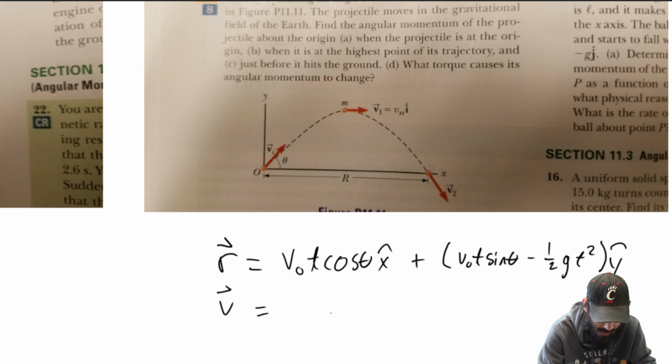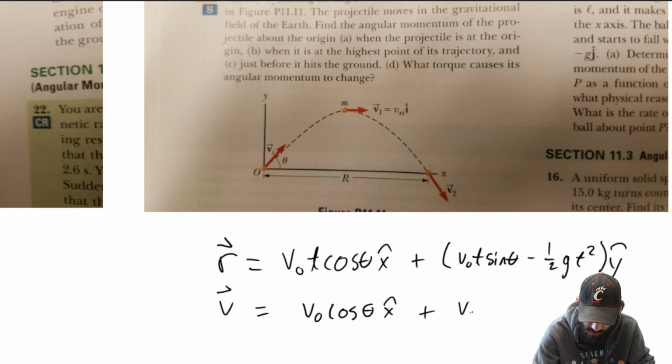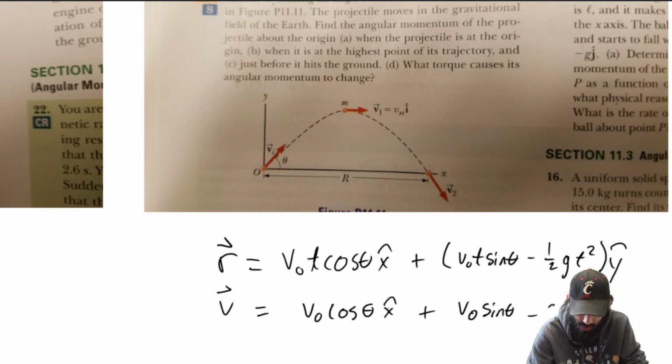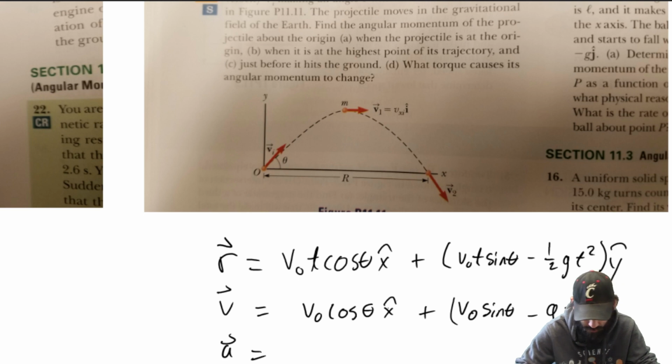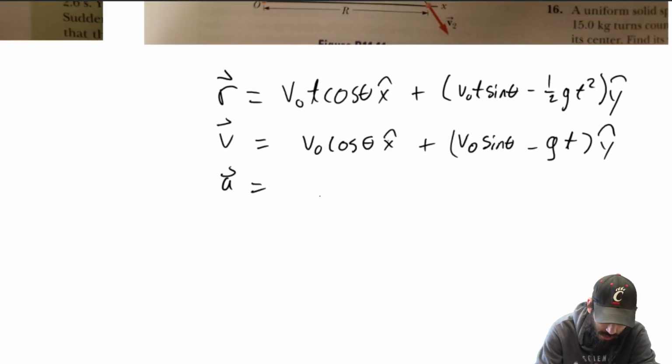V vector is going to be equal to v0 cosine of theta x hat plus v0 sine of theta minus g times t times y hat. And then a vector is going to be equal to 0 x hat minus g y hat.